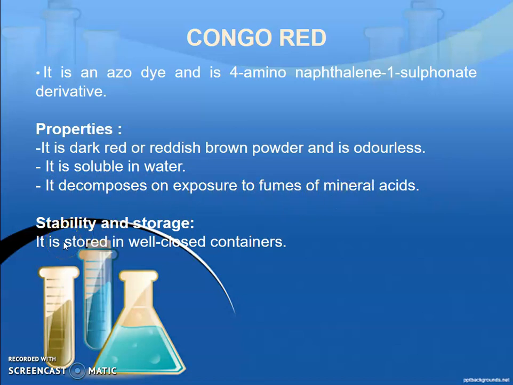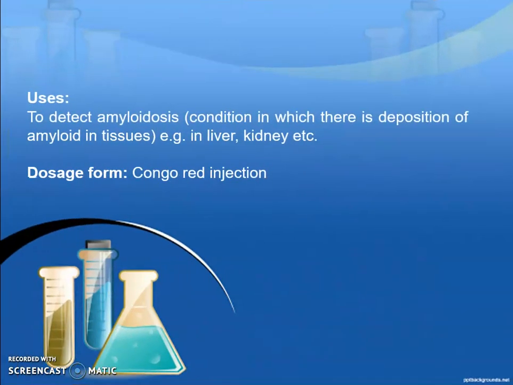Stability and storage condition: it is stored in a well-closed container. Uses: it is used to detect amyloidosis, meaning a condition in which there is a deposition of amyloid in the tissue, for example in the liver, in the kidney, etc. Dosage form: it is available in the form of Congo Red injection.